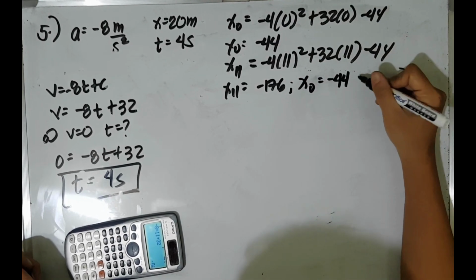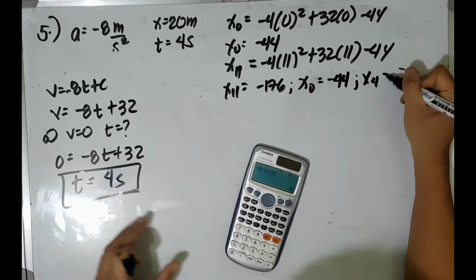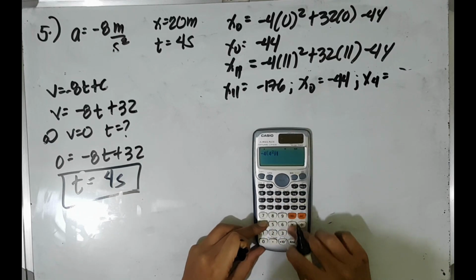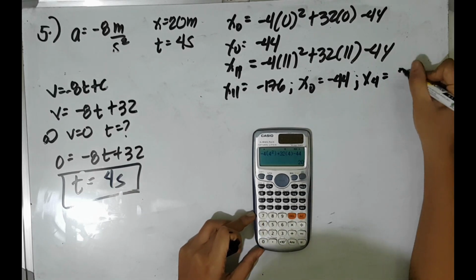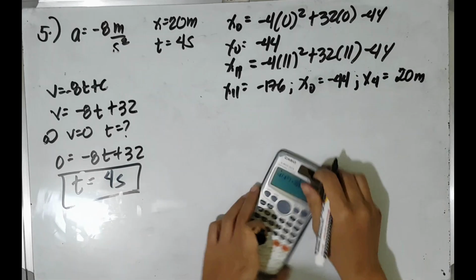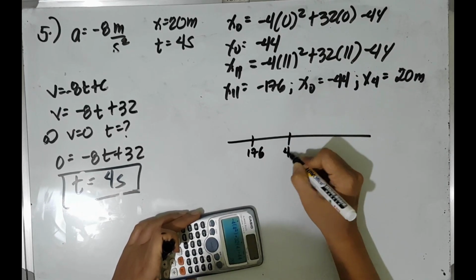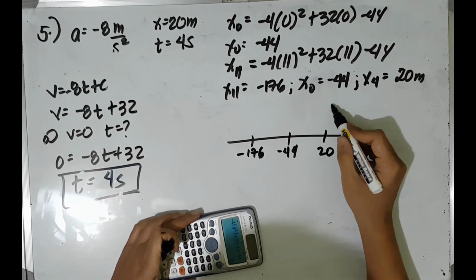Yan yung solve natin kanina. At time is equal to 0 seconds, the position is negative 44 to the negative direction. And then solving for the position at t is equal to 4 seconds is equal to 20.